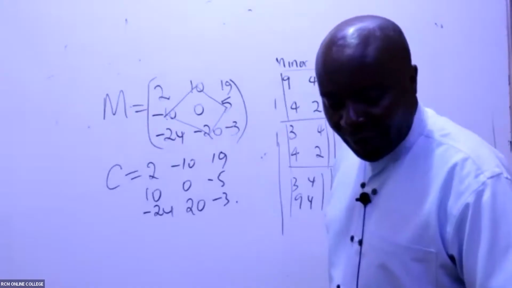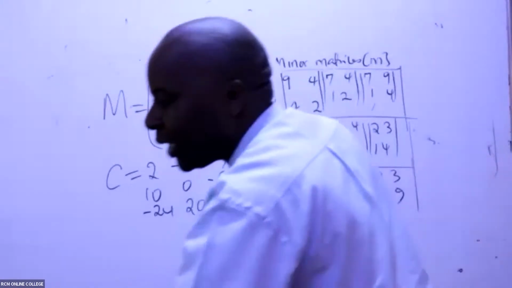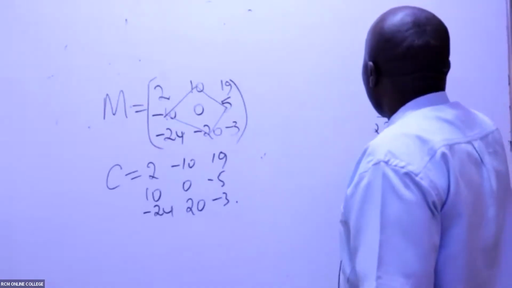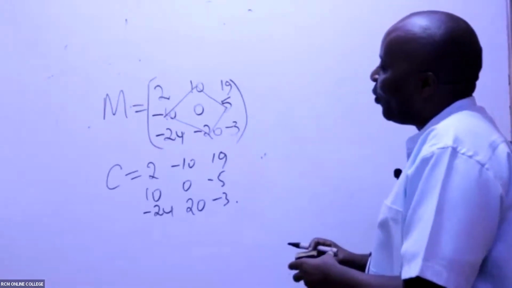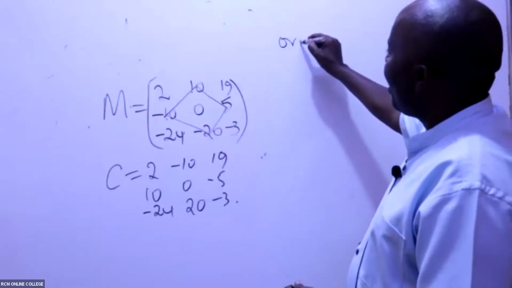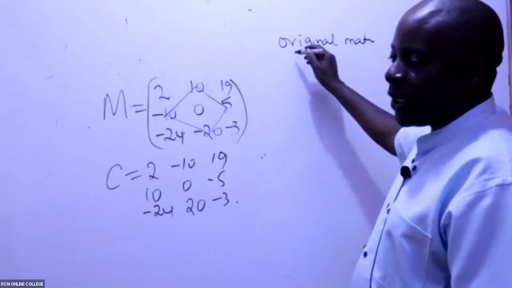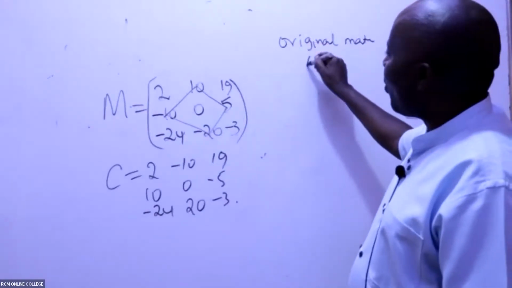Now, ladies and gentlemen, after getting this, the next, remember you had gotten, is there somebody who can remind me of our original matrix? Remind me of the first row. What was the first row, the one with A, B, C?